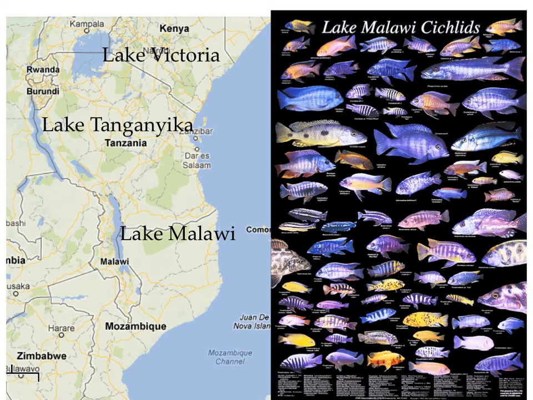The scientists who did this study that we're talking about today studied these cichlid fish from Lake Malawi. This is an incredibly diverse group of fish. They're all really closely related to each other, but take a look. These are all really closely related fish in this poster. They're sister species.